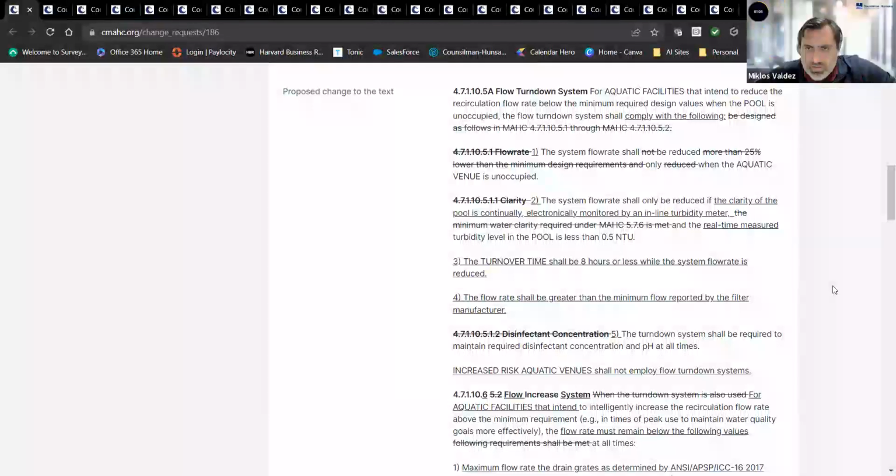I thought it was, but maybe not. It just says that the turn-down system shall be required to maintain required disinfectant concentrations and pH at all times. So that would imply it. Yes, so it's implied if it's not able to do so correctly.